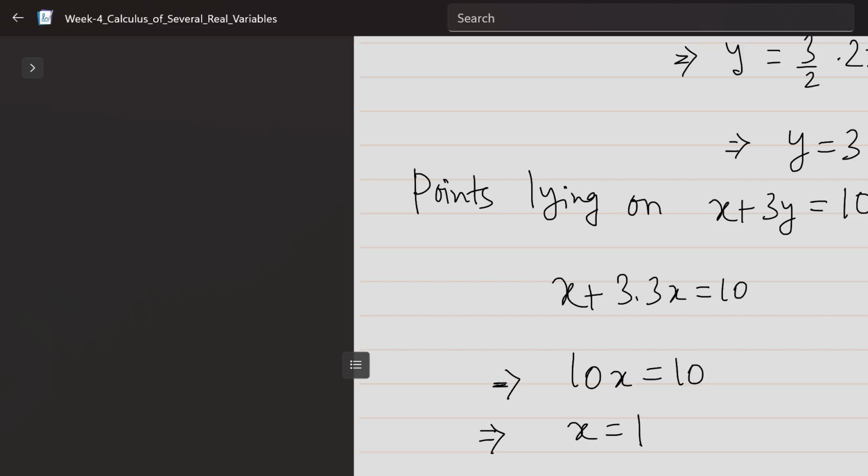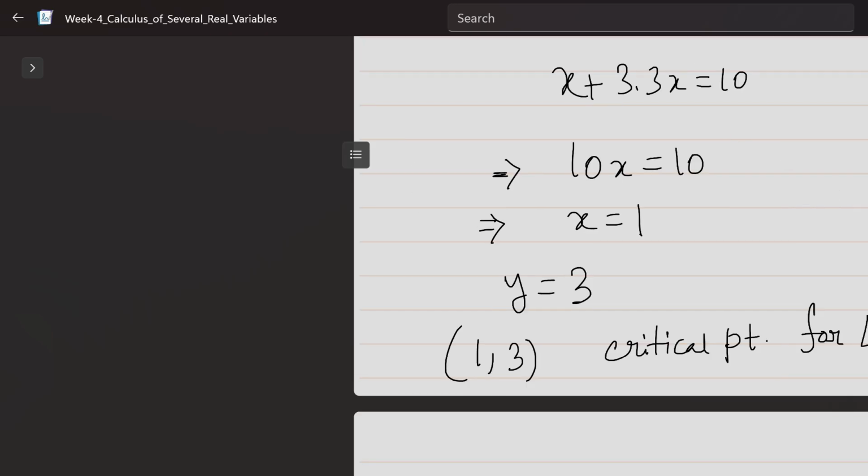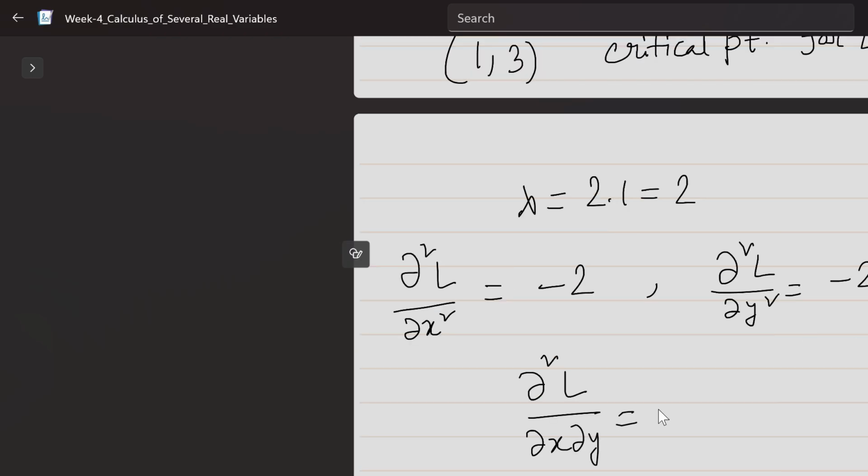L is a function of x, y, and lambda. So what is lambda, by the way? As you said, lambda is 2x, 2 into 1, so it is 2. So you have to find the second derivatives because you have to find the maximum or minimum for L. Del square L del x square is minus 2, del square L del y square is minus 2, and del square L del x del y is 0.